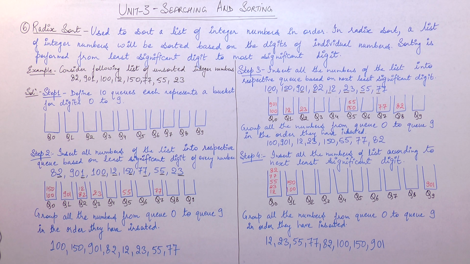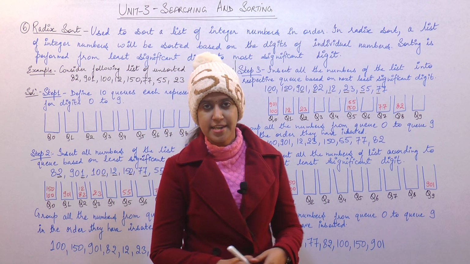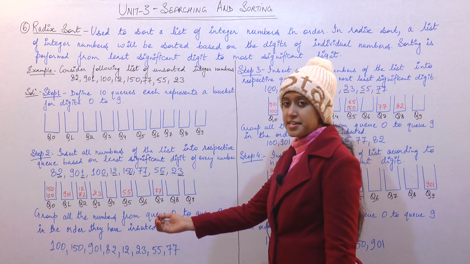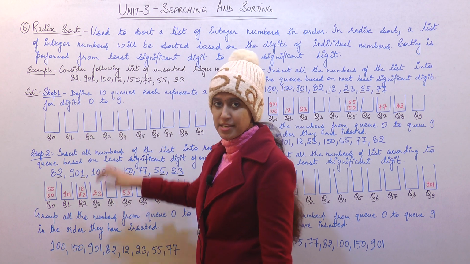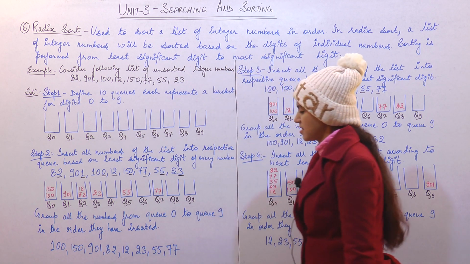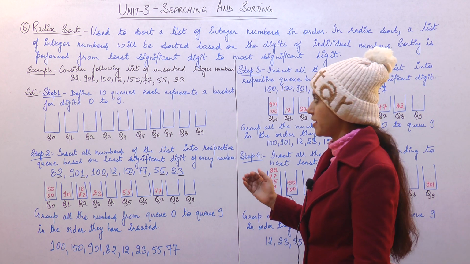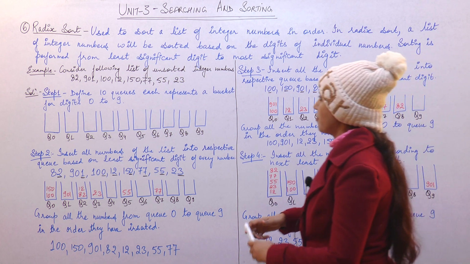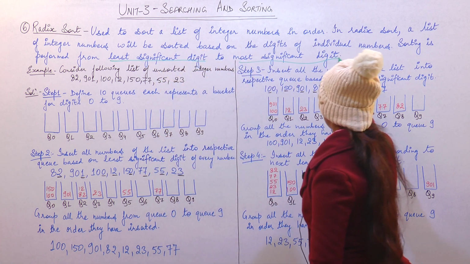In radix sort, a list of integer numbers will be sorted based on the digits of individual numbers. So what will the radix sort technique do? We will sort each integer number with the digits at the ones place, tens place and hundreds place. The sorting is performed from the least significant digit to the most significant digit.